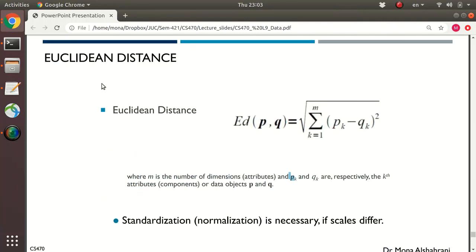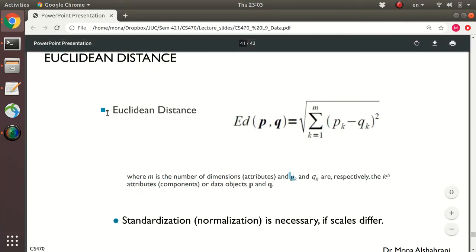So we will cover the Euclidean distance, and as we know, the Euclidean distance measures the distance between 2 points in the Euclidean space. The difference between two data objects in the Euclidean space, where we don't have only 2 dimensions, we can have m dimensions, can be defined as follows. This is a generalization of the 2D Euclidean space, where here m is not 2, but it could be any number.